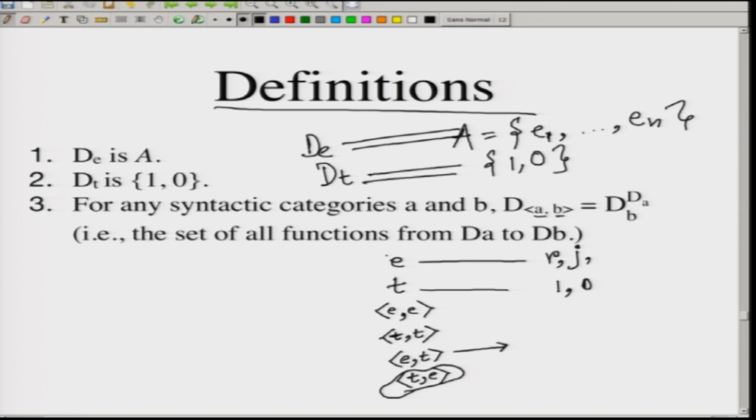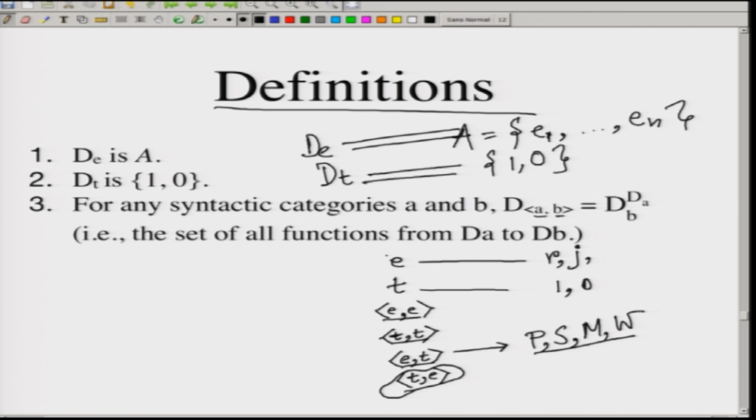So this is the first step of the recursion, that is the first steps are E and T. Then we can have all these things, E to E, T to T, E to T, T to E, and all that. What could be E to T? We'll take some time for seeing that, but we'll see that all 1 plus predicates, like for example, philosopher or smokes or man or woman, all these 1 plus predicates actually do belong to this type.